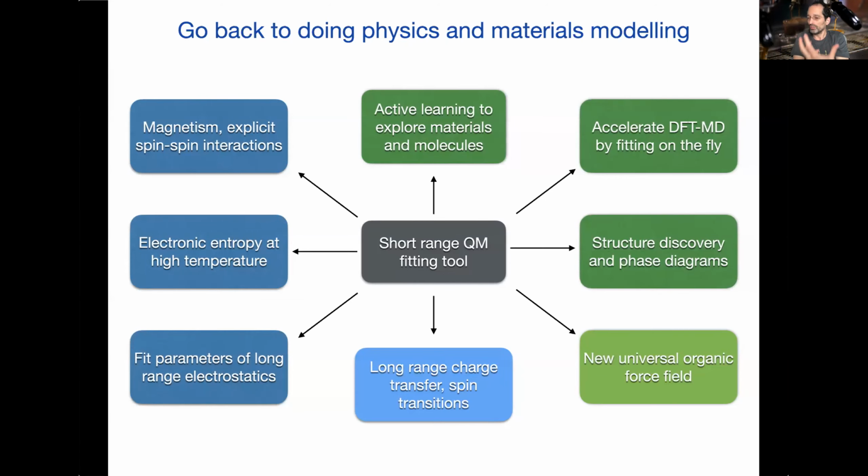But of course, if you have any reason to believe that any of the phenomena that you want to study involves a change in magnetism, then that's not appropriate. And one of my hopes is that those people who want to study magnetism should use these fitting tools to bring in the spin as a degree of freedom and use it to fit.